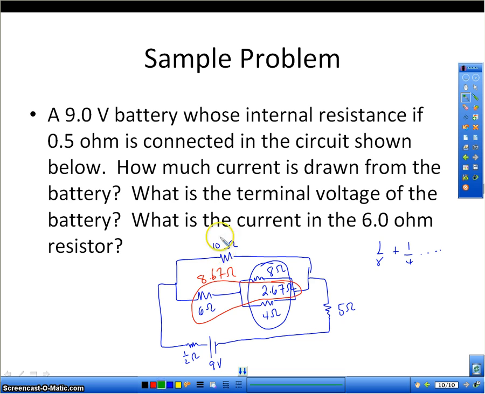Now you're going to do the parallel of these two: 1 over 10, and 1 over 8.67. You're going to do those together, and you're going to end up getting 4.64. So all of this stuff right here is 4.64 ohms. Then you're going to take that 4.64, add it to 5, and add it to the 0.5.